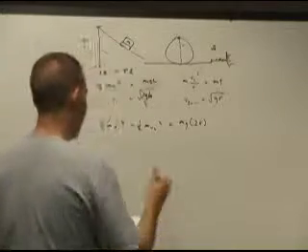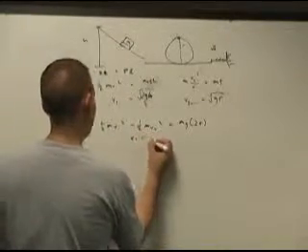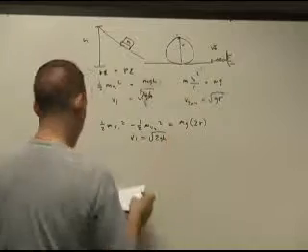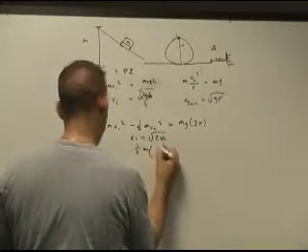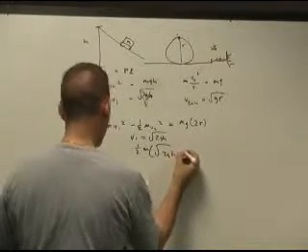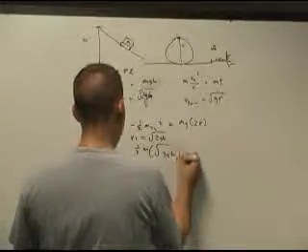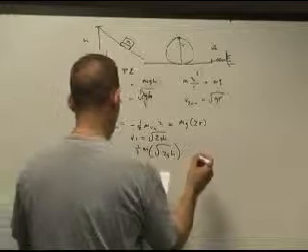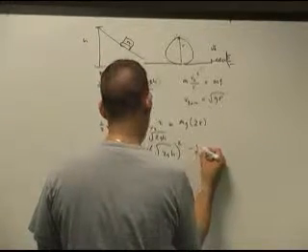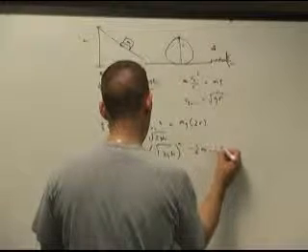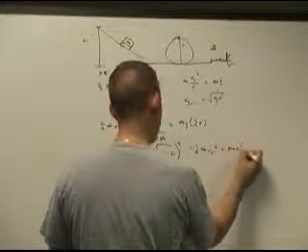Okay, so we know that v1 is equal to the square root of 2gh, and we know that 1/2 m times the square root of 2gh, plugging that in, squared, equals mg2r.